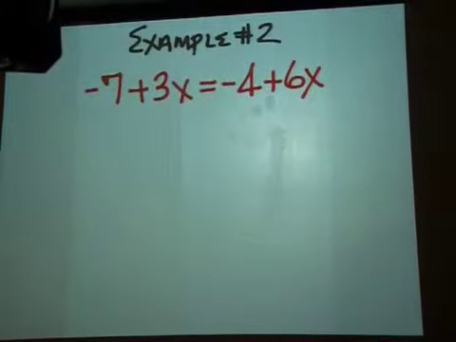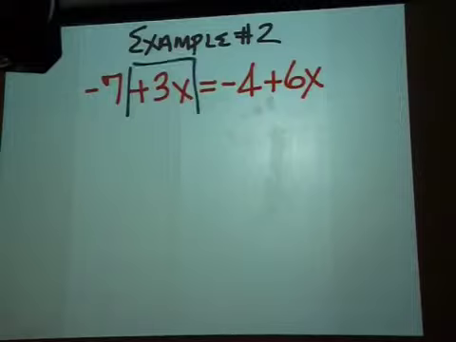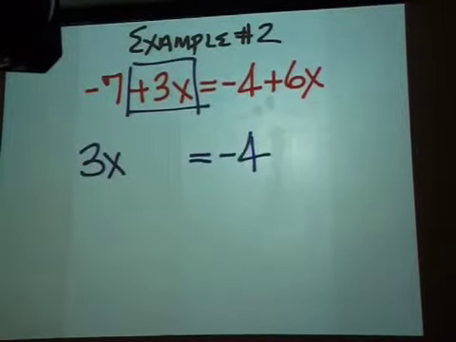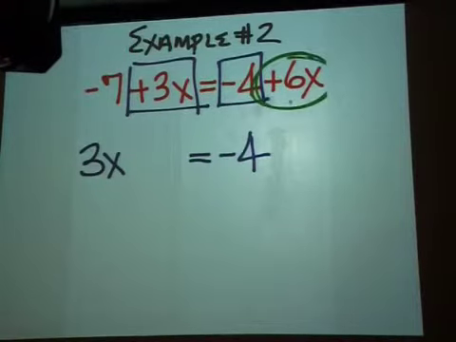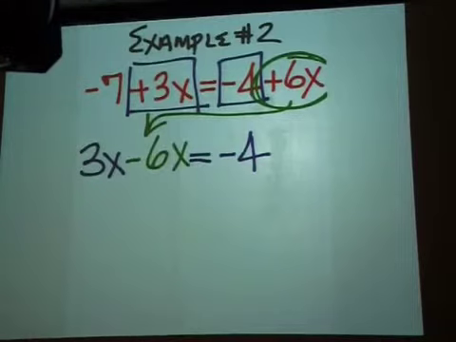Negative 7 plus 3x equals negative 4 plus 6x. Rules are still the same. We need x's on the left and constants, the numbers with no x's, on the right. Everything else must change. So this plus 6x on the right goes to the left and becomes minus 6x.